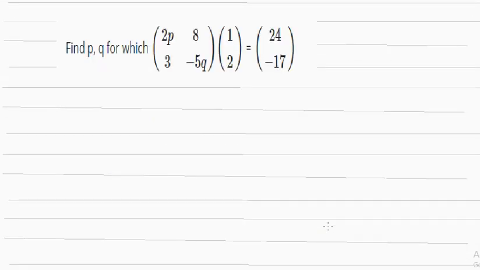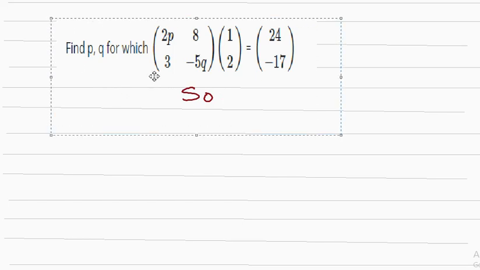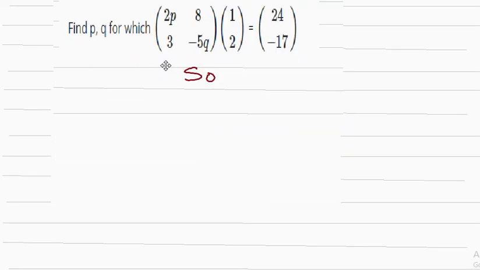Something similar right here. So at this point, we multiply row against column.